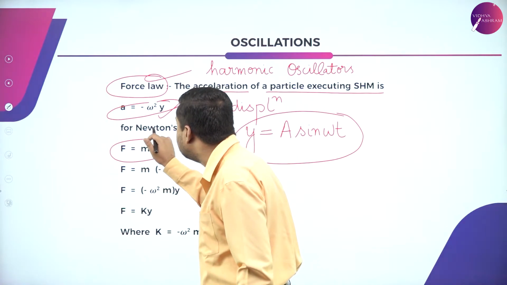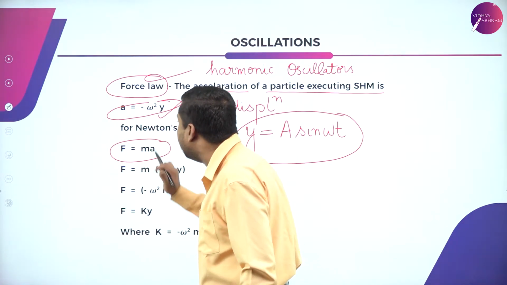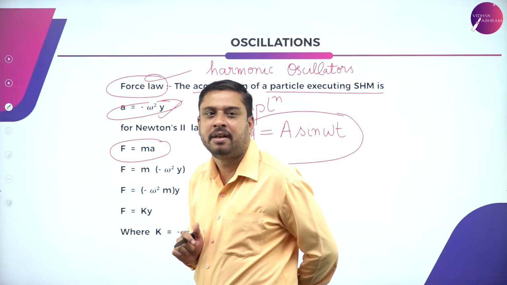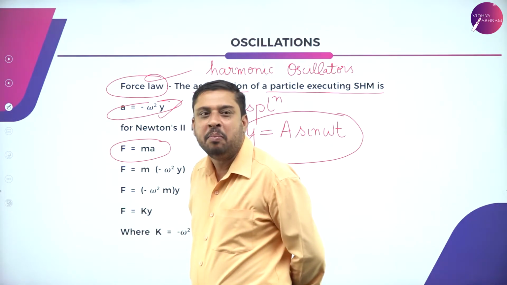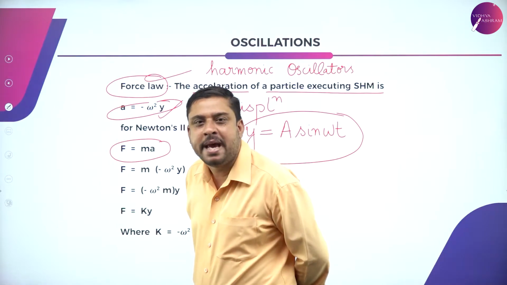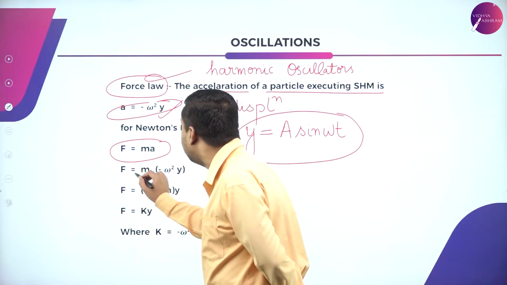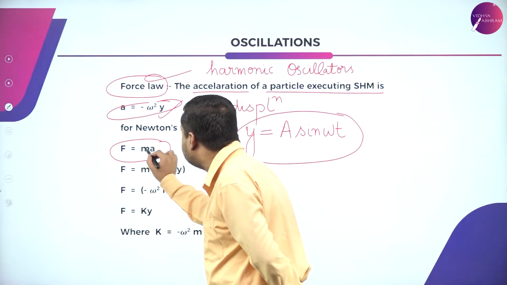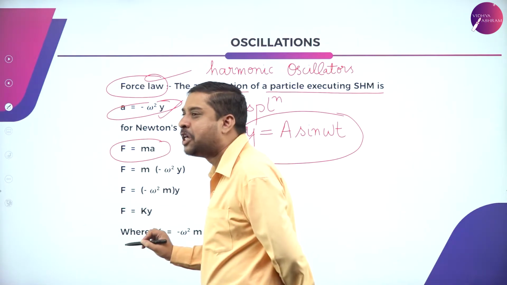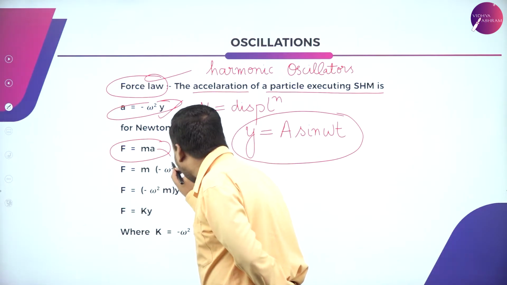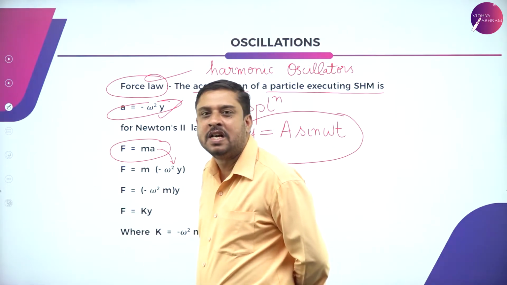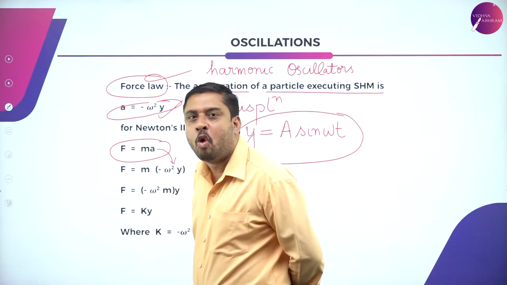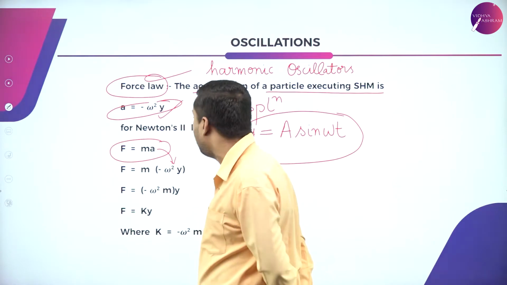Force equals mass into acceleration. Now, what is acceleration? Minus omega square y. So, F equals m into, I substitute for A, which is minus omega square y.